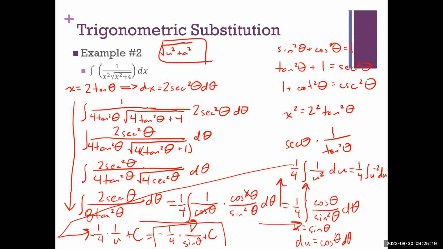Go ahead. What if we take the 1 out, but instead of substituting everything, we substitute it down and square it right into that? That probably would have worked as well.